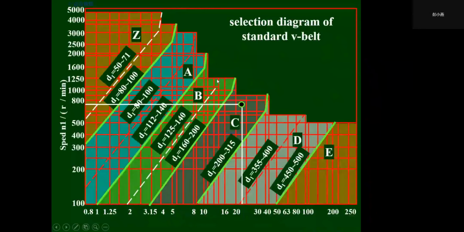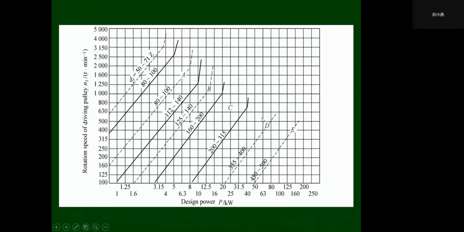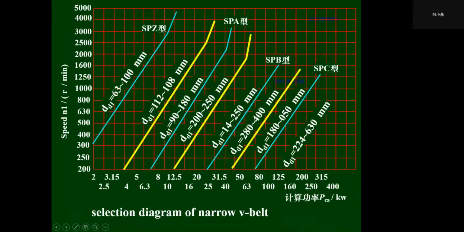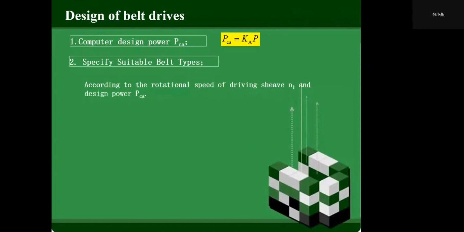From the selection diagram of standard V-belt diameter, we load the PCA and the speed N1, and then we choose the type of the belt and the D1 for the driving pulley.